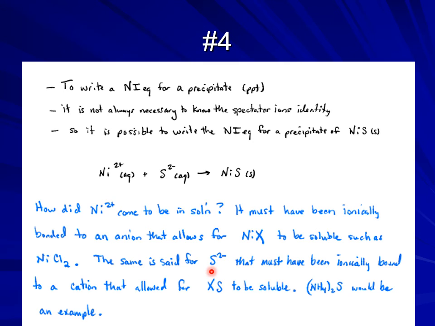We don't know what it was bonded to, but it must have been some cation that allowed for the sulfide to actually be soluble as a reactant. And so whatever XS is, ammonium sulfide would be a good example, sodium sulfide would be a good example, and so on and so forth. So we can write net ionic equations and never have to know the spectator ions. Interesting. I like that. Okay, moving on.